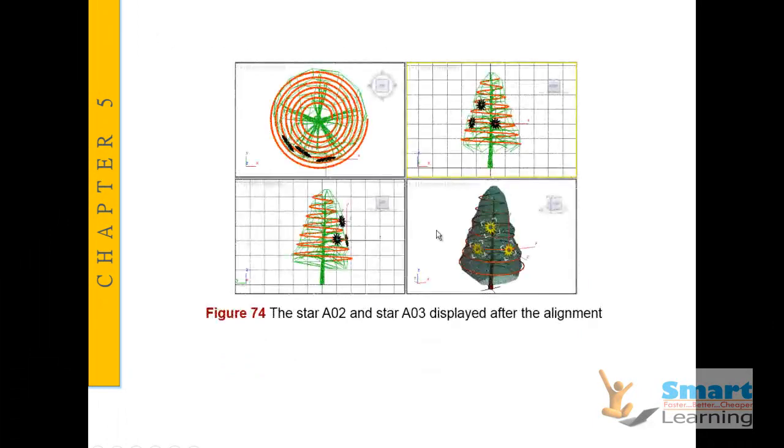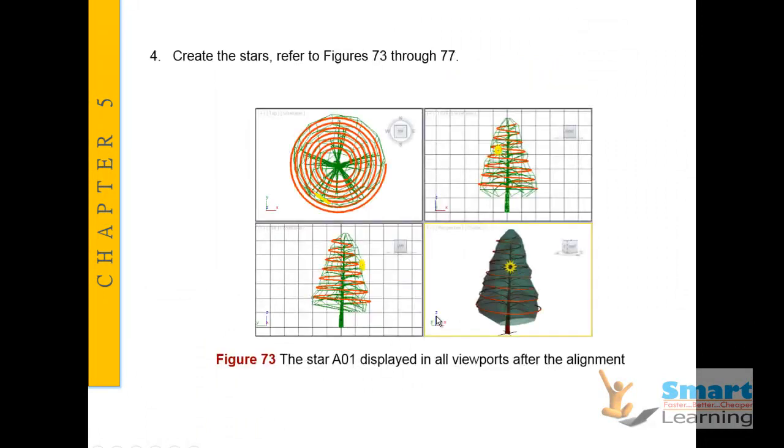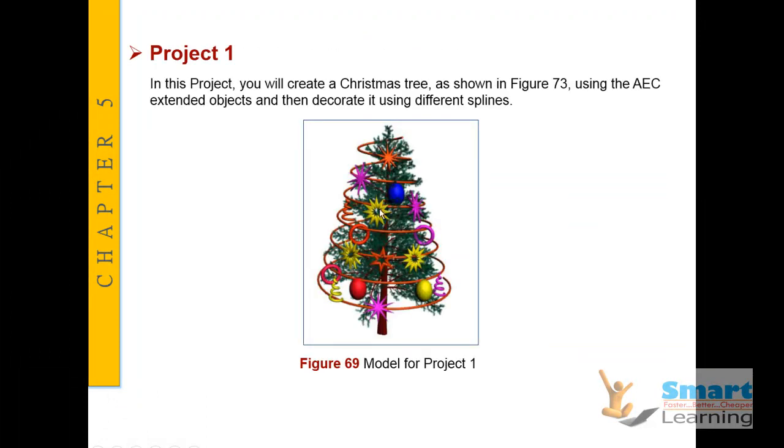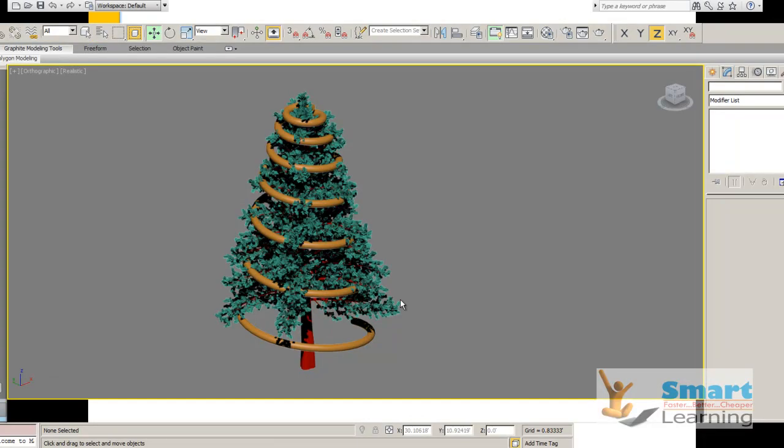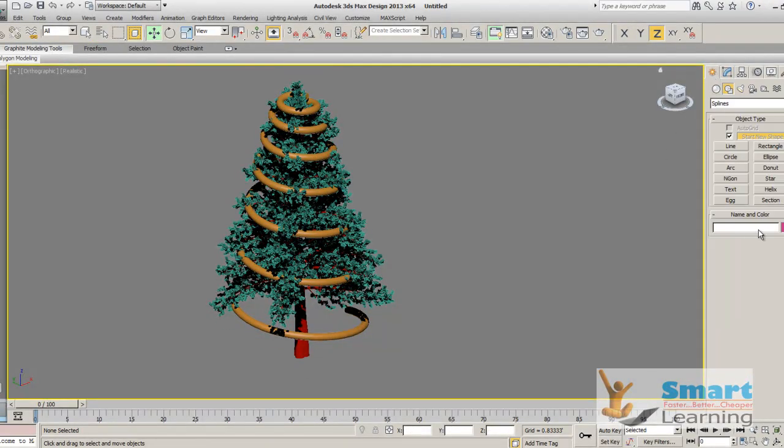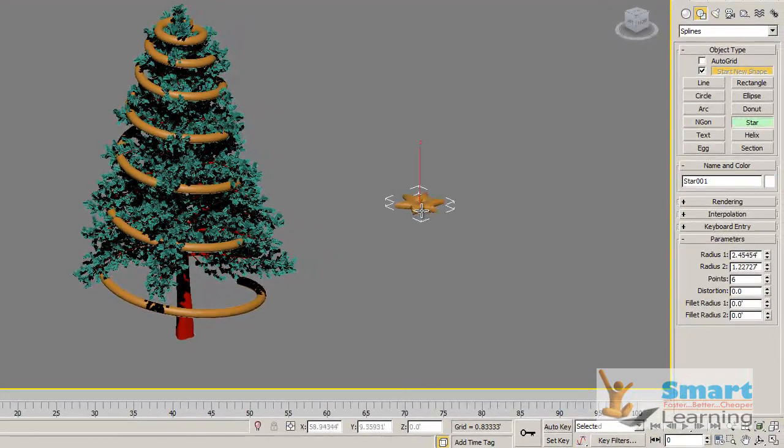So let us move to the placement of the stars. Initially we'll be placing them here, so you can see the master view here. Three different stars we can place here. So we'll create and we'll place them. For creating stars, I'll take the help of this particular star.